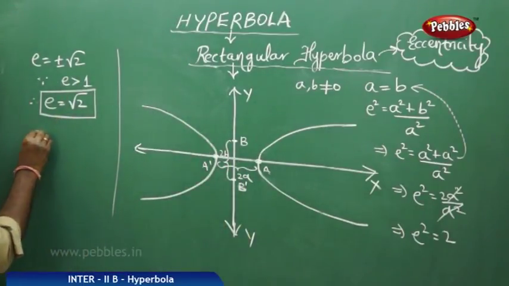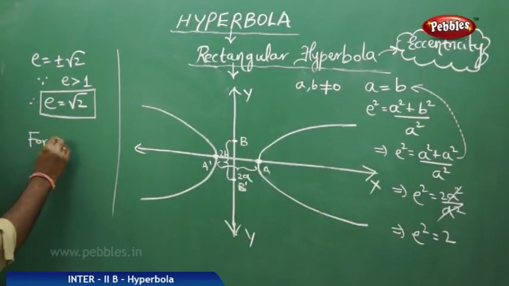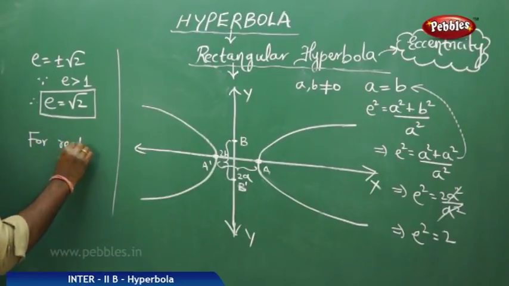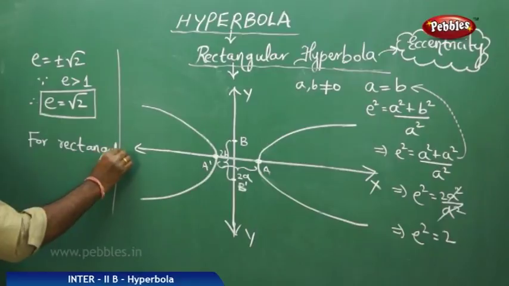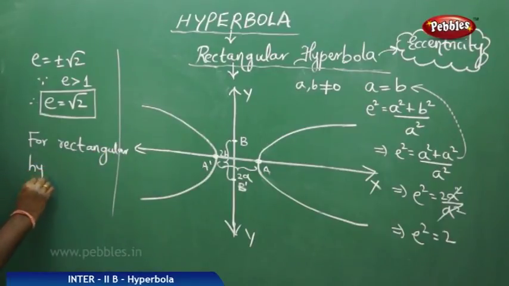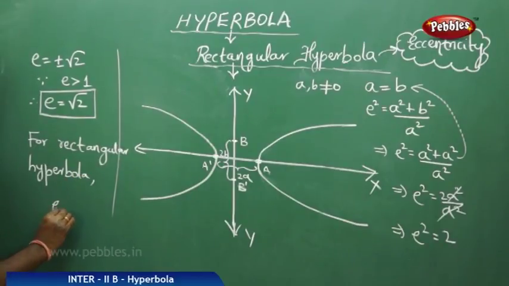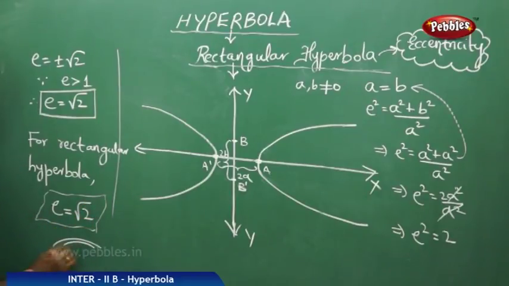So the condition for a rectangular hyperbola is e equals root 2.